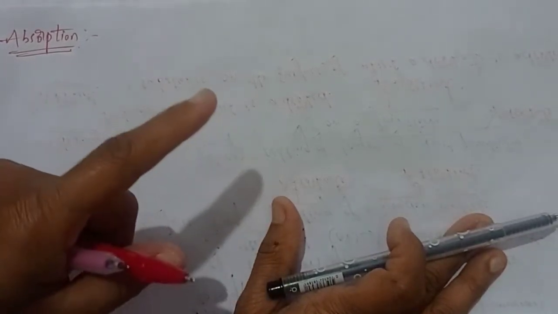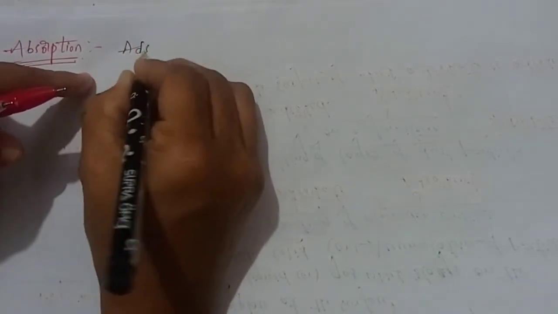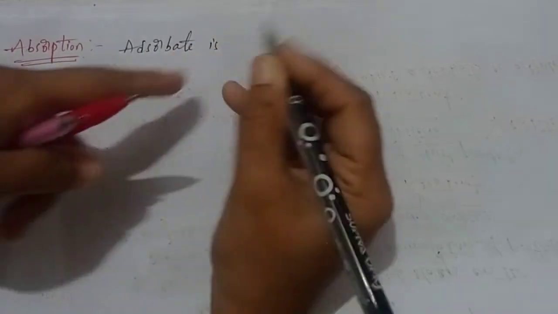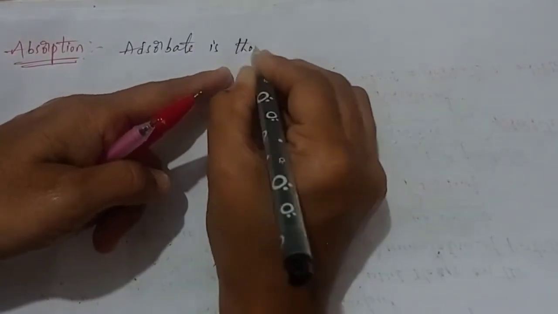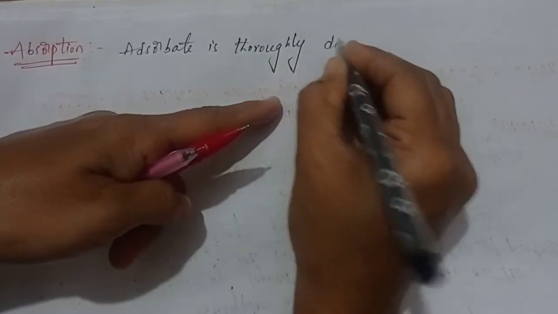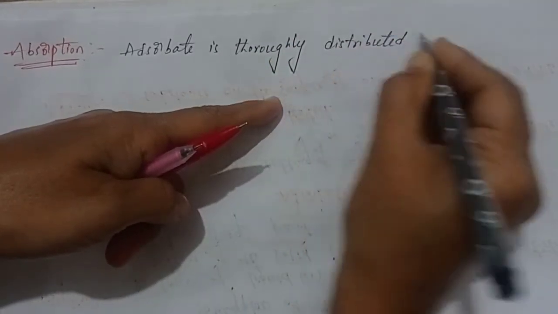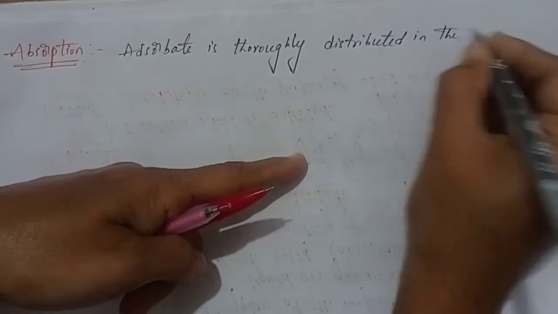So what is absorption, students? Absorption is nothing but a process in which the adsorbate is thoroughly distributed in the adsorbent.